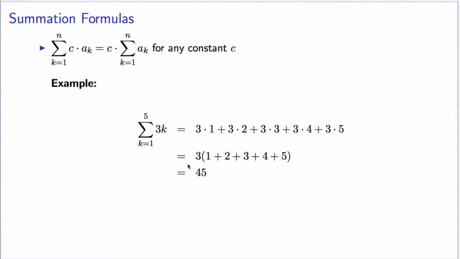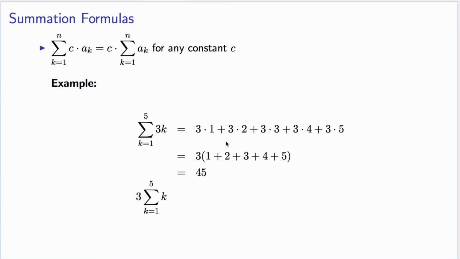And notice that pulling this 3 outside of the sum is exactly what we wanted to be able to do, that the constant can come outside of the sum. That's precisely because if you have a constant in every term, then you can just factor that constant out from every term in your expression.